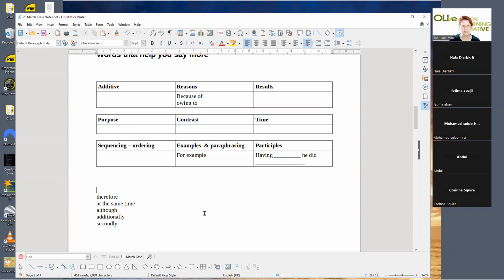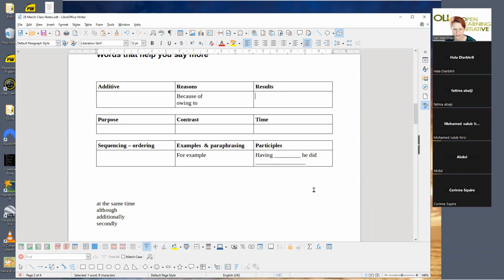How about therefore? I think it's results. Exactly. We use therefore to express results. So, owing to the enormous investment required, they chose not to buy the boat.